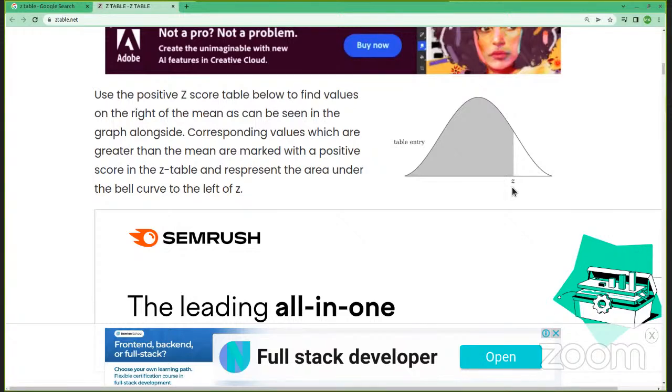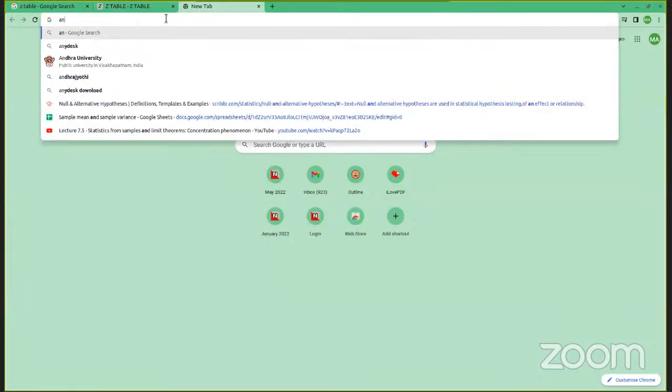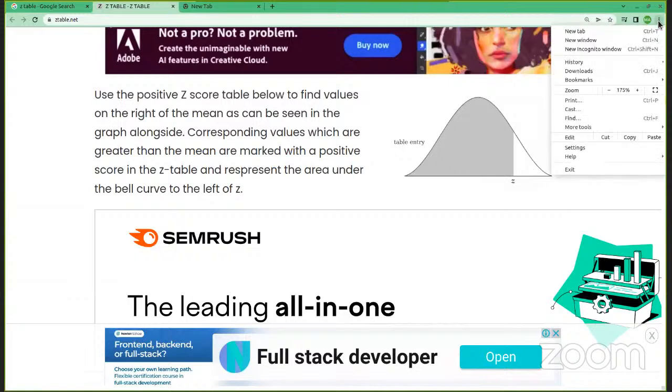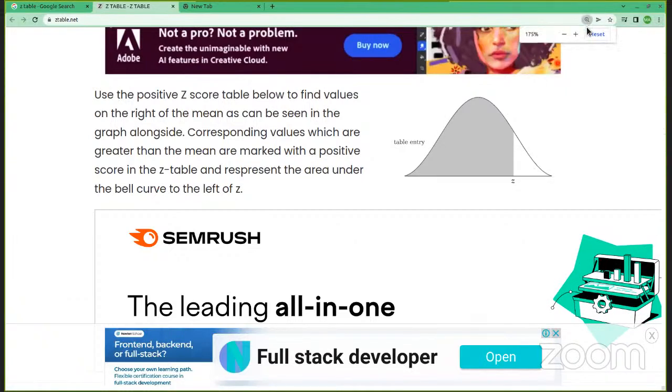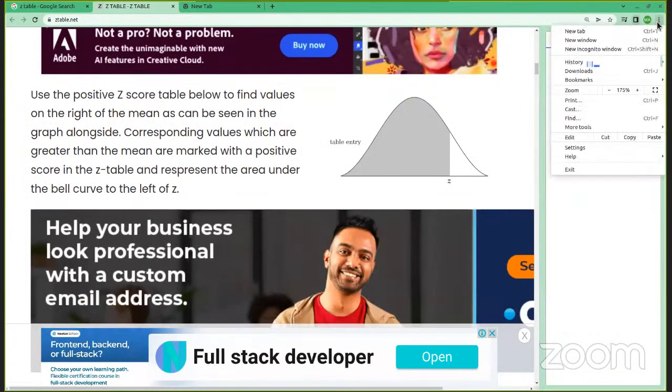So I think you can write here, sir. I can't write. From upside, you can click on annotate. Use the annotate. On the top corner, sir, you could see any zoom option.